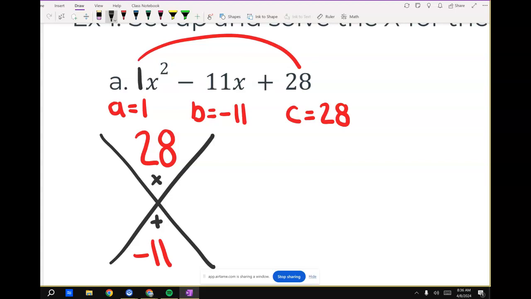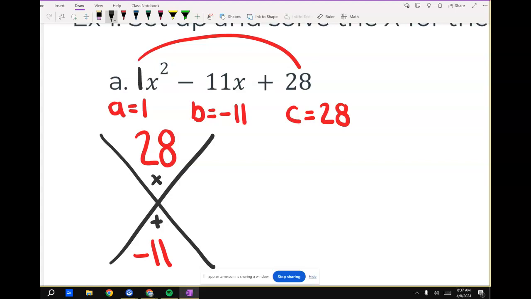Our options are negative 1 and negative 28, but if we add those together, we get negative 29. Negative 2 and negative 14 also multiplies to a positive 28, but negative 2 plus negative 14 is negative 16. What's our last option? 4 and 7.